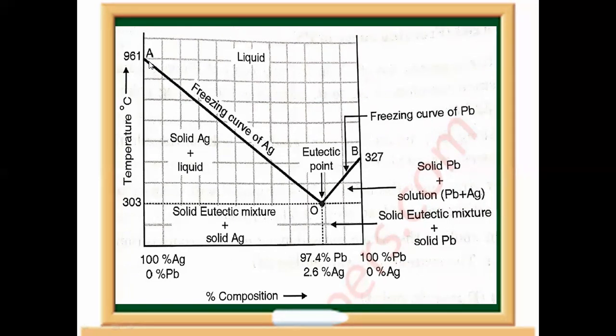It was taking the solid shape. As the temperature was coming down, as and when we were adding smaller and smaller quantities of lead, lead was going into the silver solution. Lead was mixing into the silver, thereby the temperature was dropping down because silver was freezing.